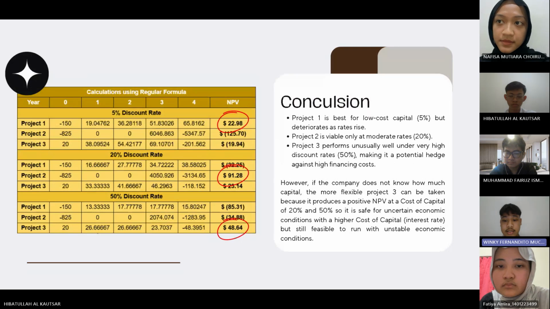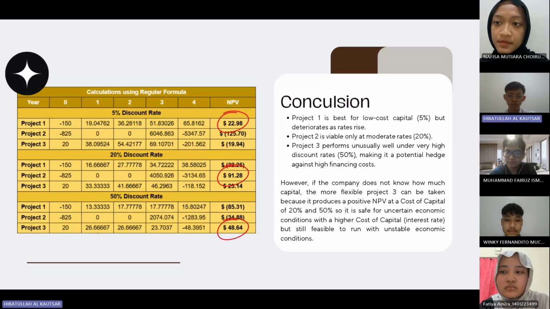However, if the company doesn't know the cost of capital, the more flexible project 3 can be taken because it produced a positive NPV at cost of capital 20% and 50%. So it's safe for uncertain economic conditions with a higher cost of capital or interest rate, but still feasible to run with unstable economic conditions.